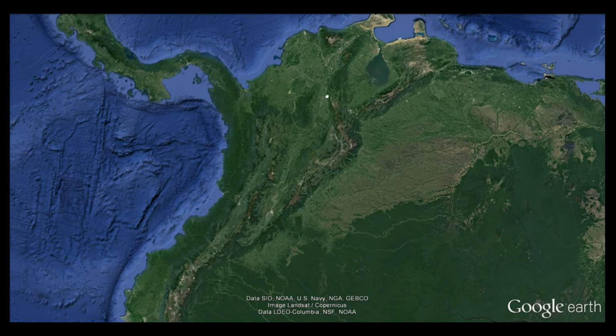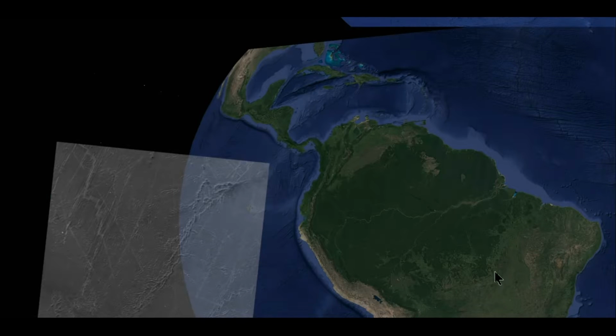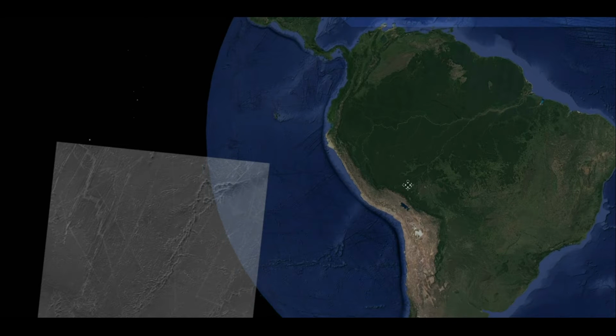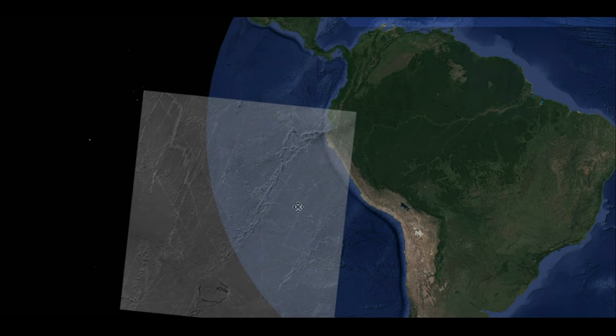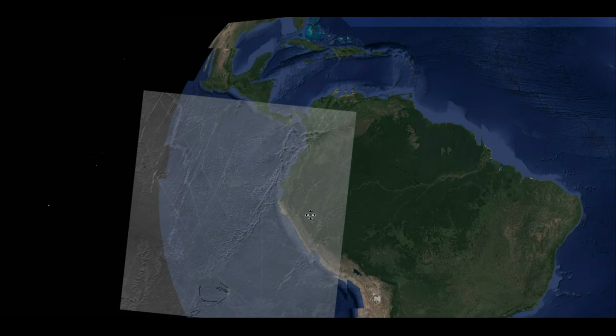So therefore everything should line up here, and that's my point. Check this out. Now remember, this is a subduction zone. This hasn't even gotten here yet, but yet it has already been over here.